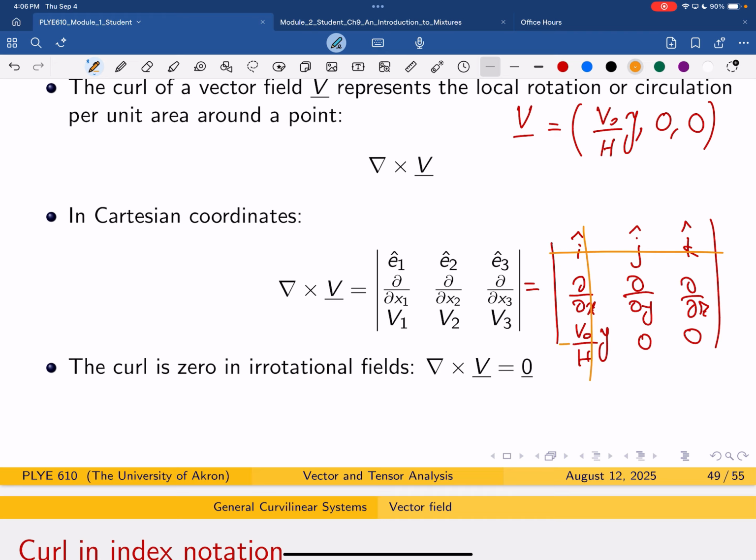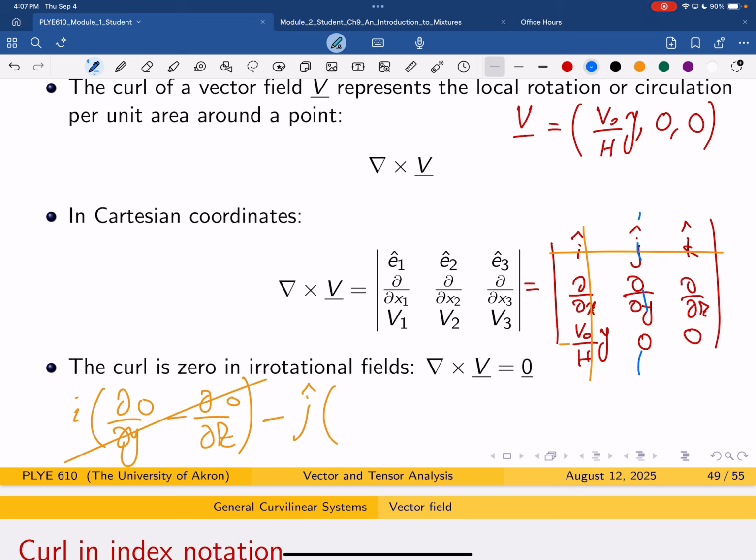So the i component here is going to be zero, zero. So this is going to be 0 minus the j component. For the j component, we are going to use this submatrix that we have. If you don't understand it, that's okay, you will see later.